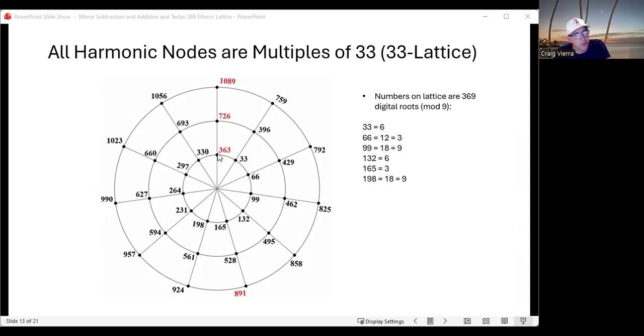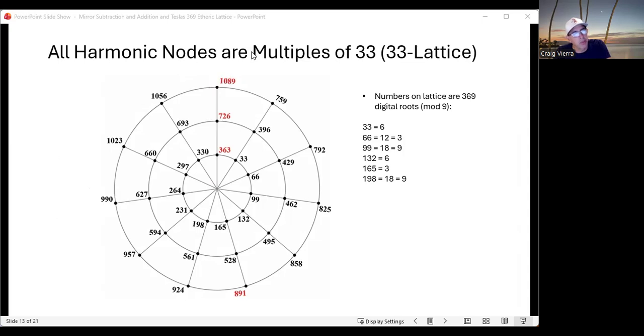363 is the scalar circle. 726 in my mathematics is the tetrahedron, and 1089 is the square base pyramid. This node here is 33 times 33, which is 1089.